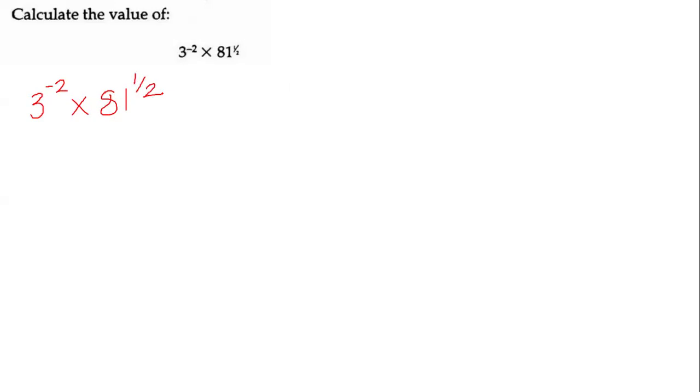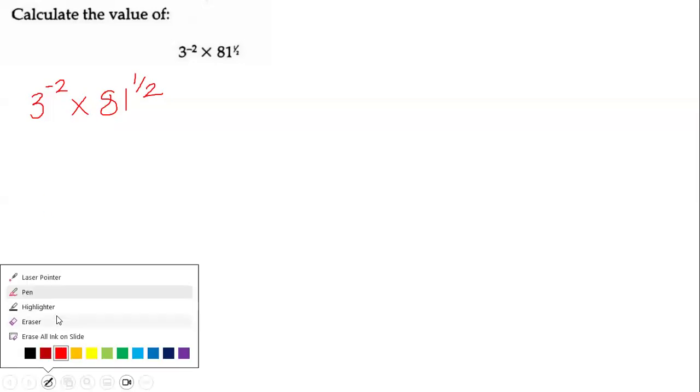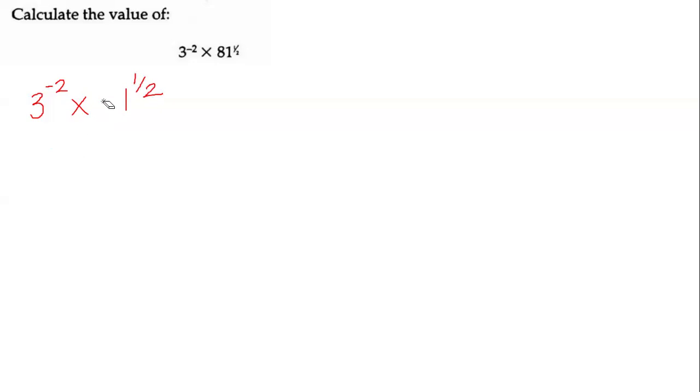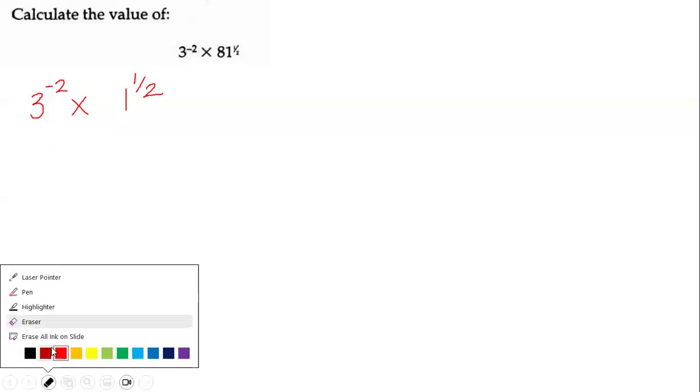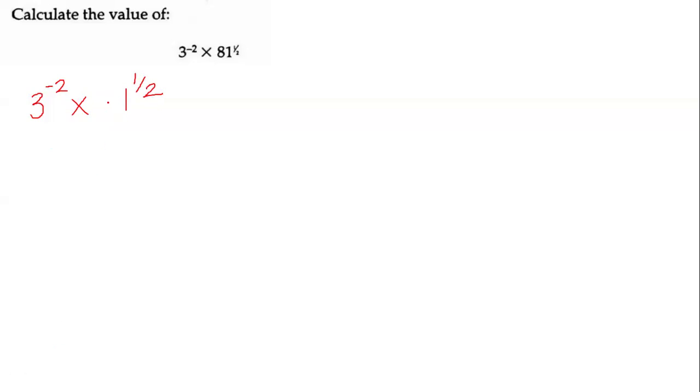So you have 3 to the power of -2 times 81 to the power of 1/2. How are you gonna do that?